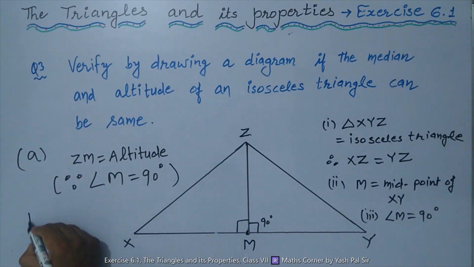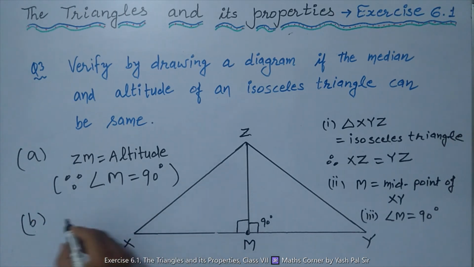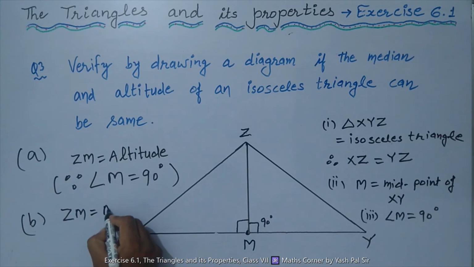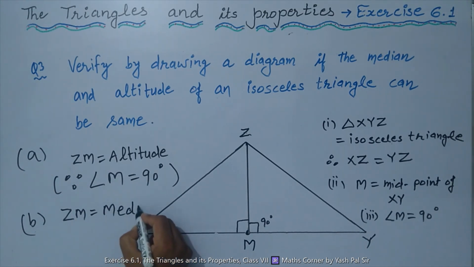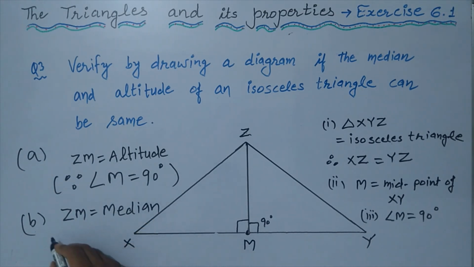And what is B part? B part is ZM is equal to median. Why is this median? Because M is the midpoint.